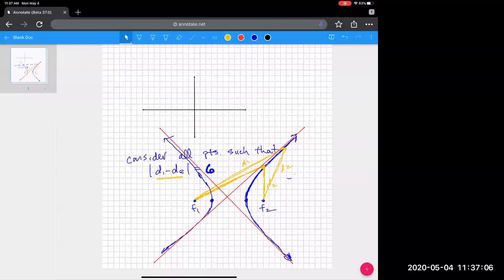And so the points of the graph of a hyperbola are settling into this line. They're getting closer and closer to that line.